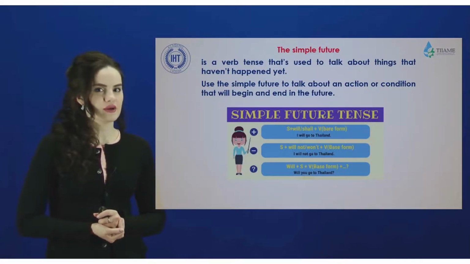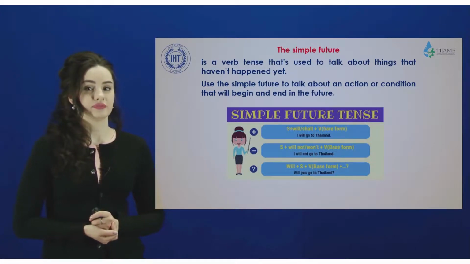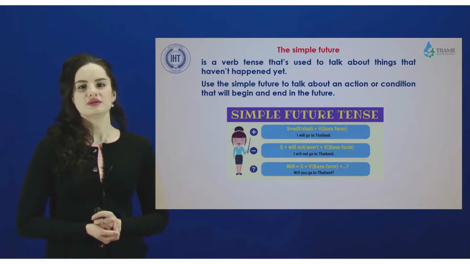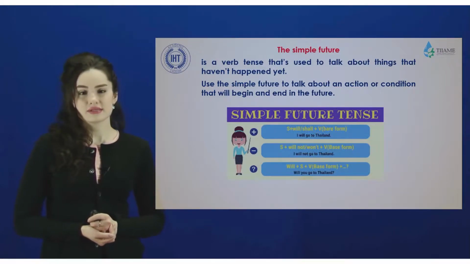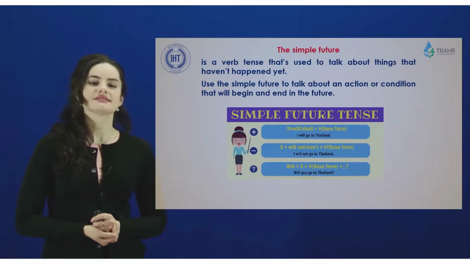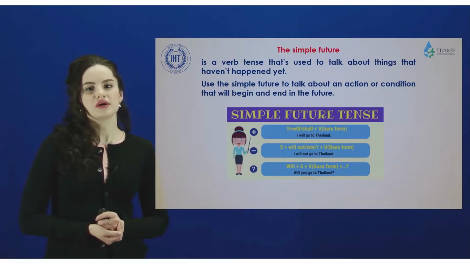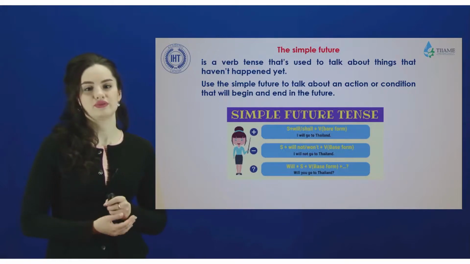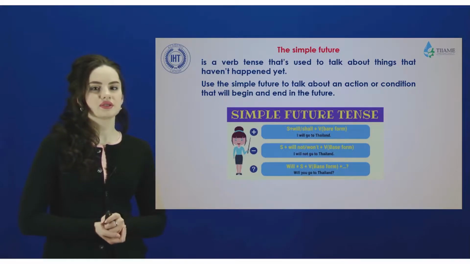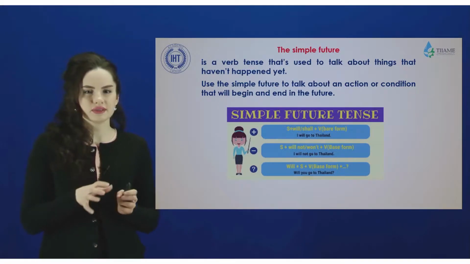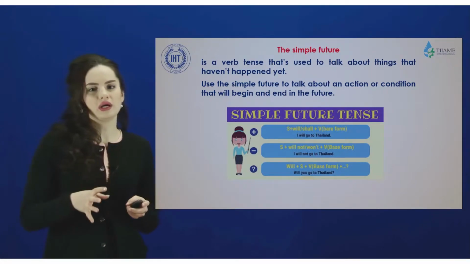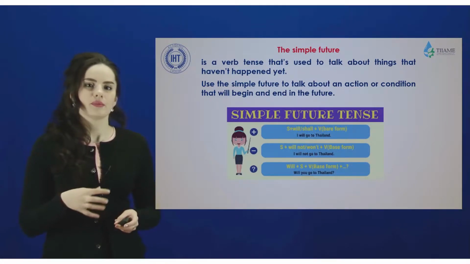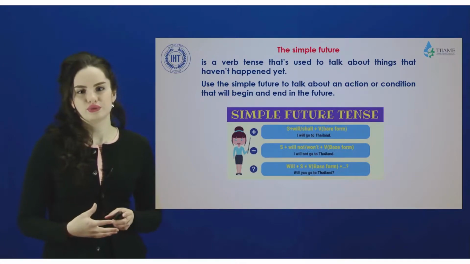Let's start from the simplest tense, future simple, the simple future tense. We use this tense in order to express some events which are quite possible in the future, about our plans for the future. There is no concrete situation about a particular time, I mean hour or minute, no, but our plans for the future.